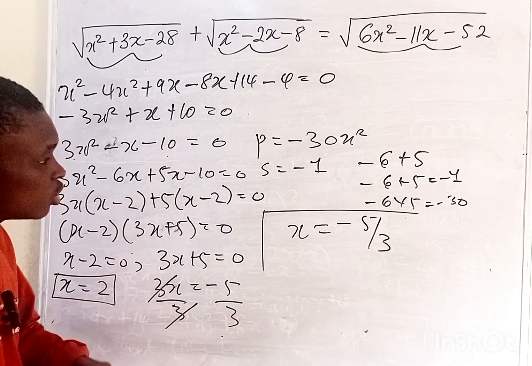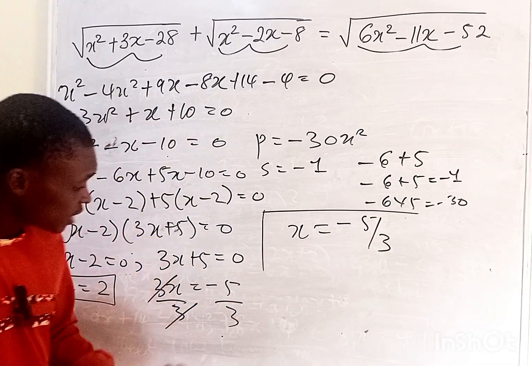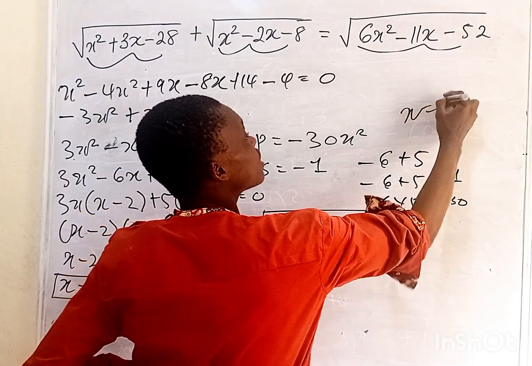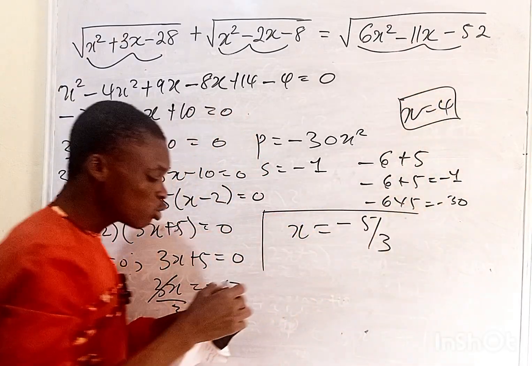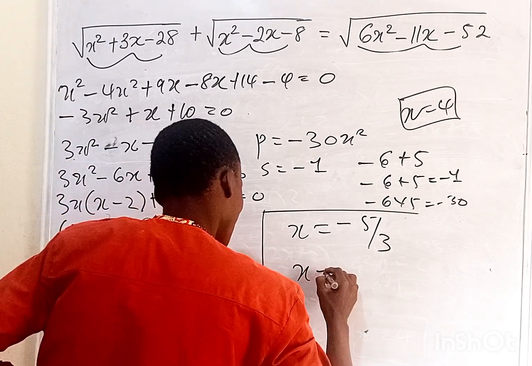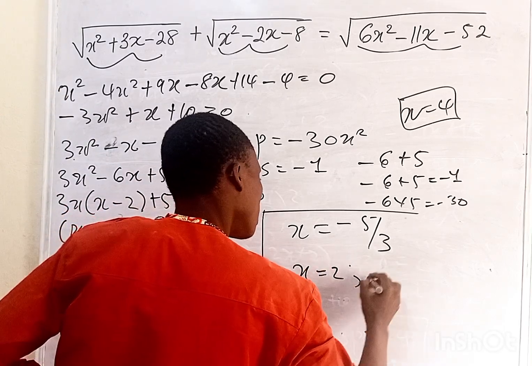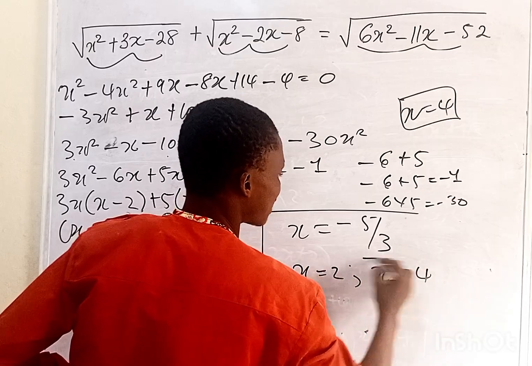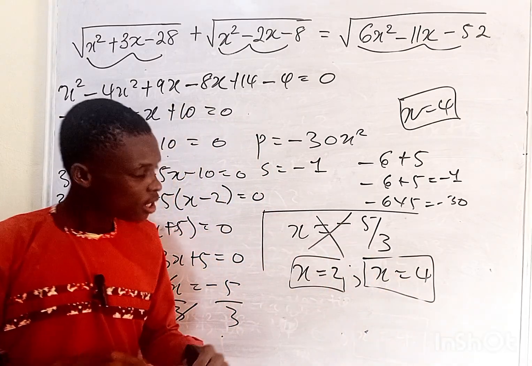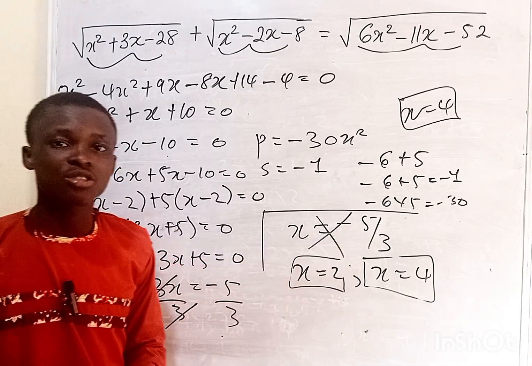All right. So the two values of x, remember our first value was x equals 4. So the two values of x that satisfy this equation are x equals 2 and x equals 4. So this one here is extraneous. x equals negative 5 over 3 is an extraneous solution.